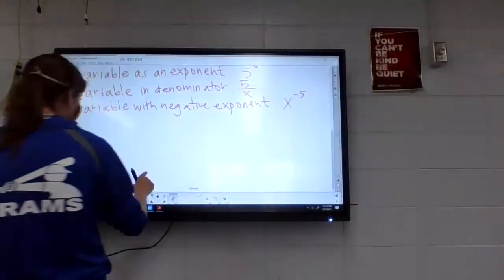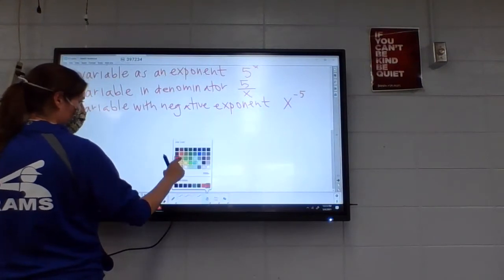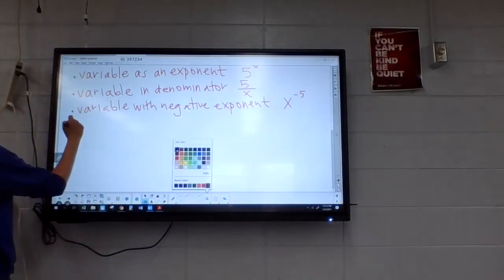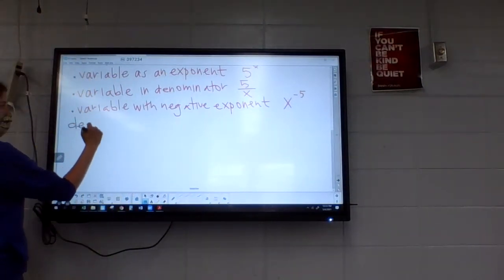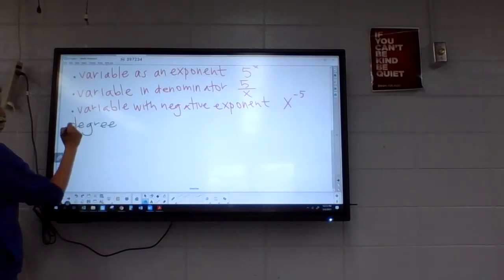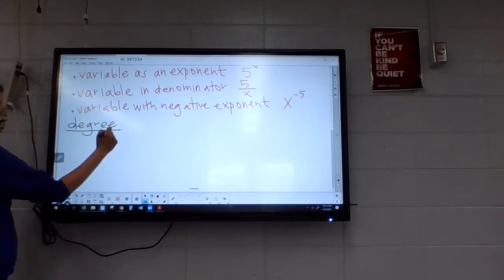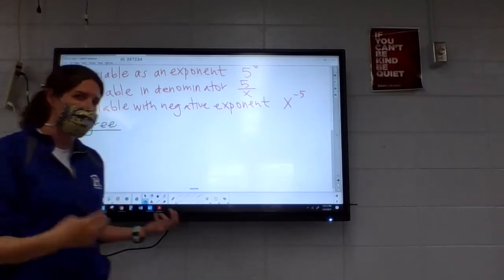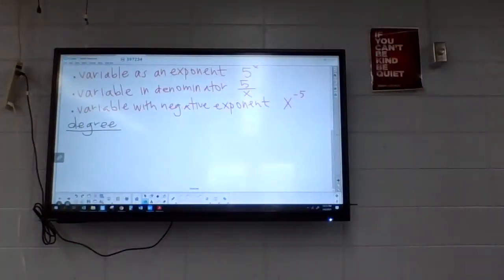The next vocab word I want to mention is the word degree. I forgot to put it on here. Now, algebra and math are weird. Every once in a while there's these words, like the word term, that has a different meaning in math than it does in other places. Same thing with degree.